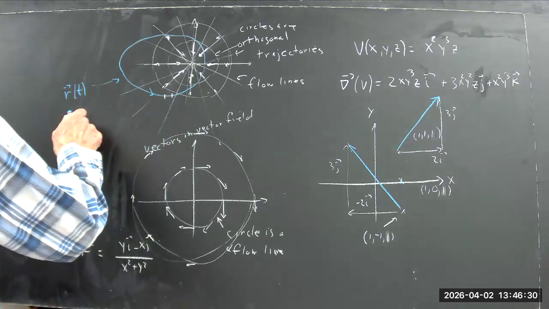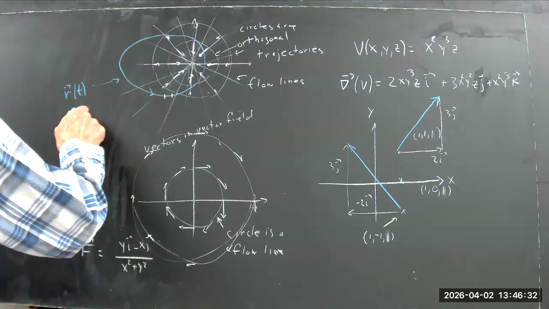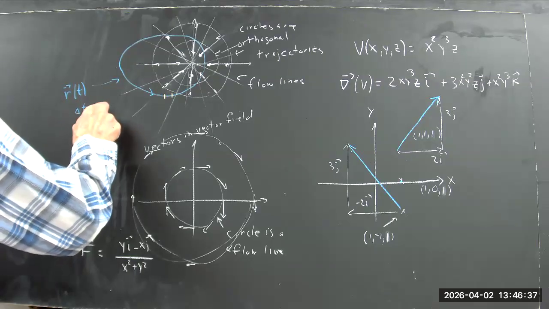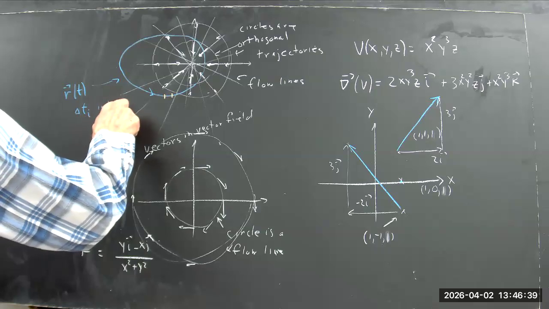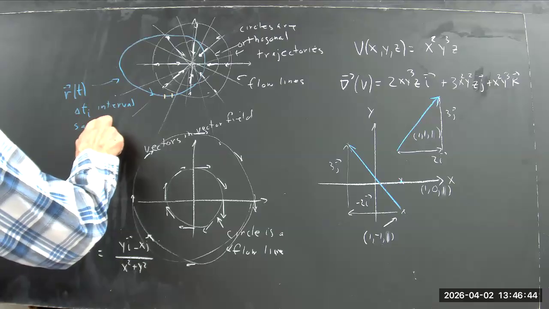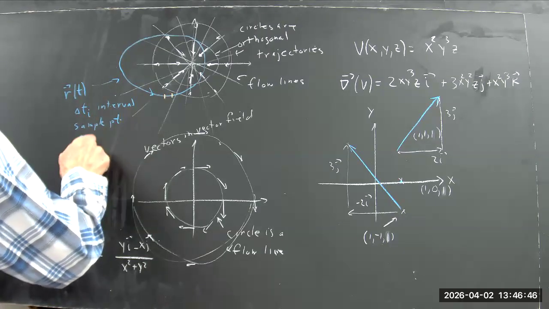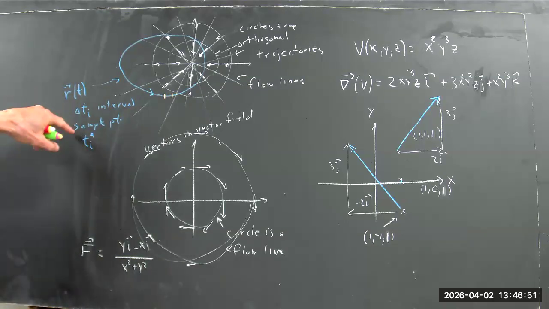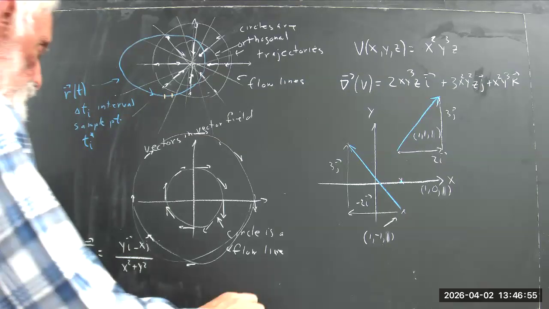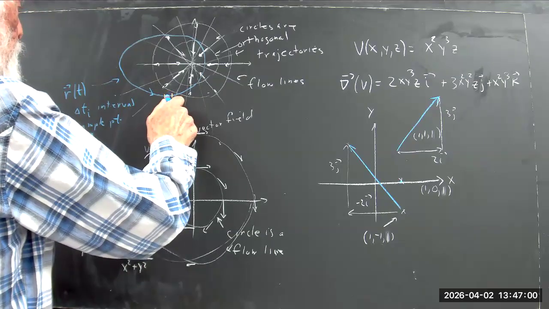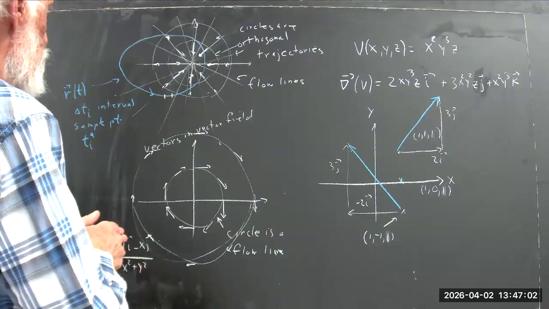Then a delta ti interval with a sample point ti star gives you a vector at this point.